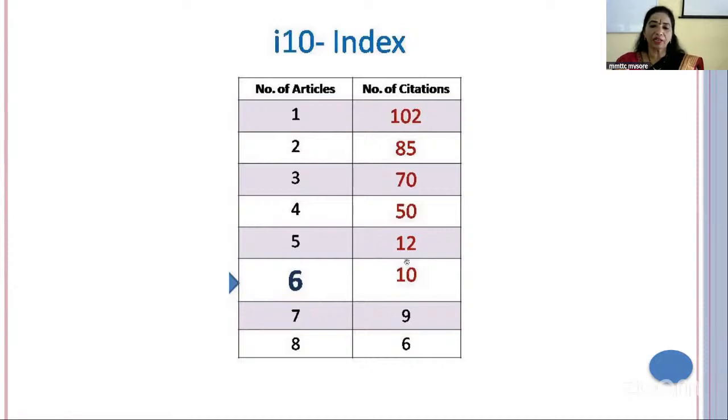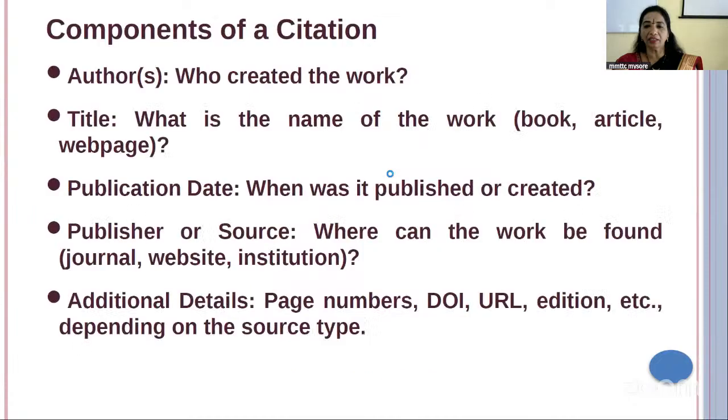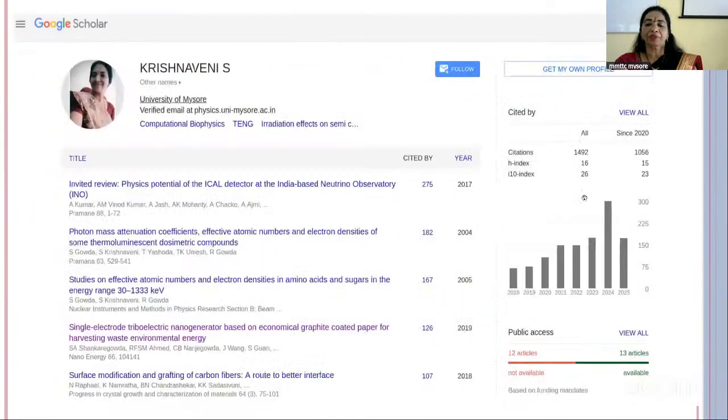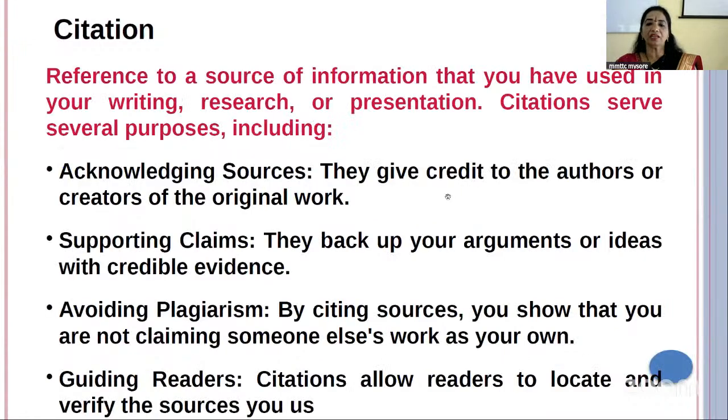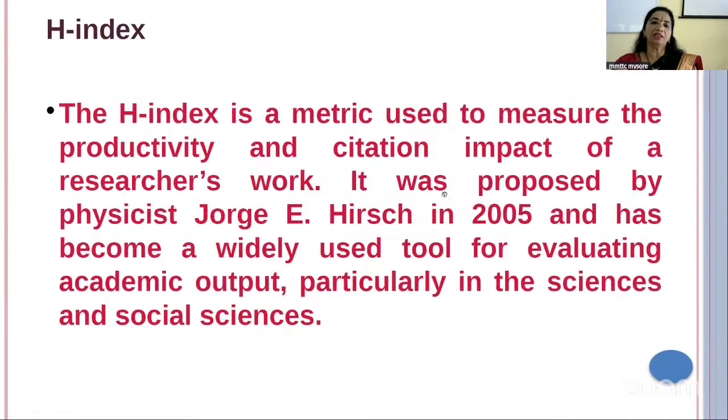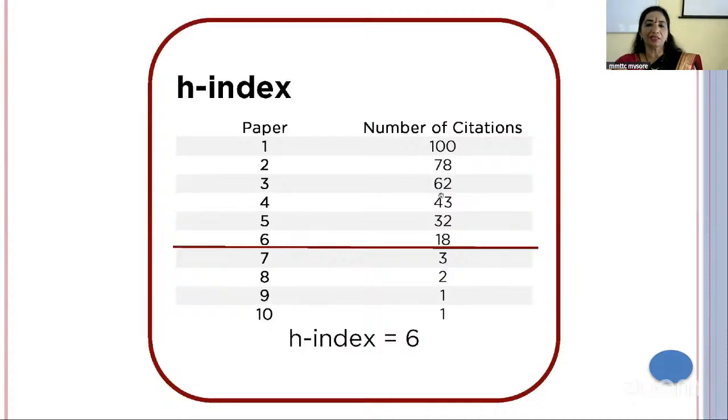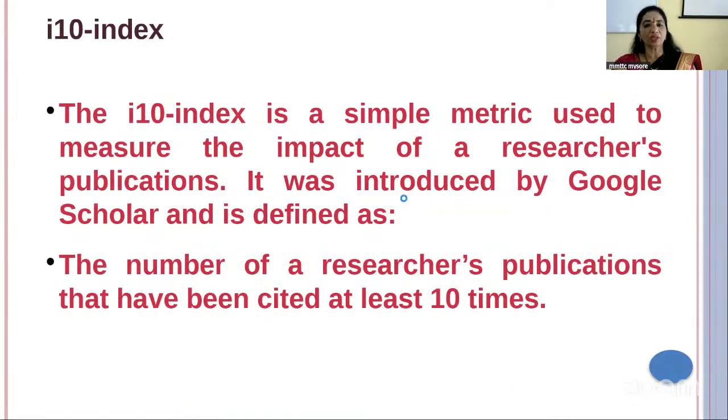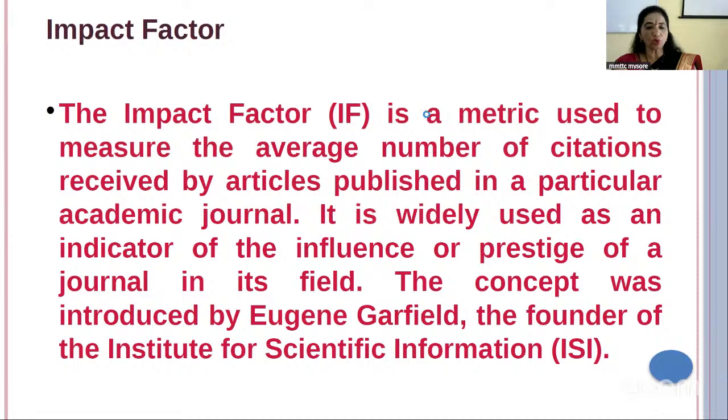So his i10 index is also 6. In my case, my i10 index is 26. What I mean by that is my 26 papers have a minimum of 10 citations. That's why my i10 index is 26. Here, the H index is 6 and the i10 index is also 6.